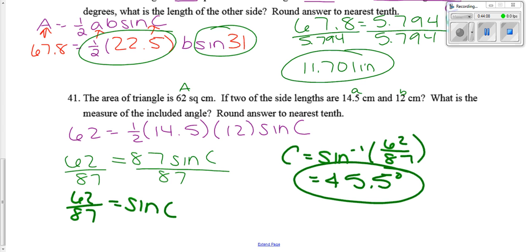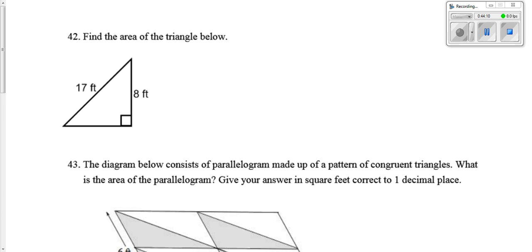All right, we're on the final page. Find the area of the triangle below. Well, this time we have the height. We just need to find the base, so we can use Pythagorean theorem to find the base. 17 squared equals 8 squared plus b squared. 17 squared is 289.